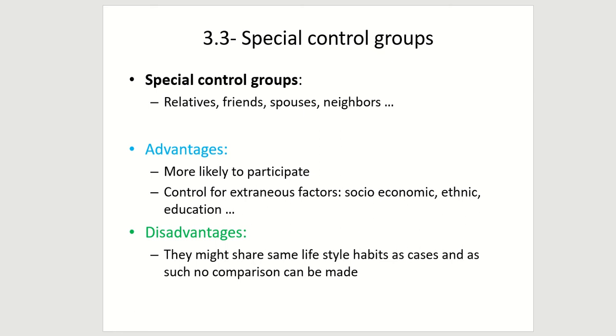You want to see if there is an association between alcohol consumption and the side effects that you are studying. If you pick a friend, spouse, or relative, they probably resemble the cases in terms of drinking, the amount and the type, and therefore you can no longer explore whether drinking alcohol, and the type and amount, might be related to the side effect.